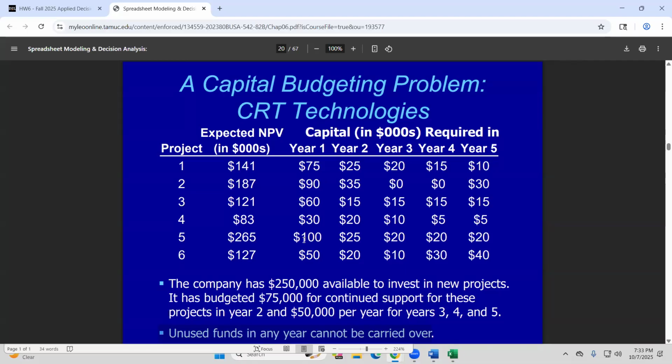Do you all agree? The goal here is to get a higher net present value by picking the projects. So it's not a matter of the cost of those projects. Don't think about that. This is purely hypothetical.